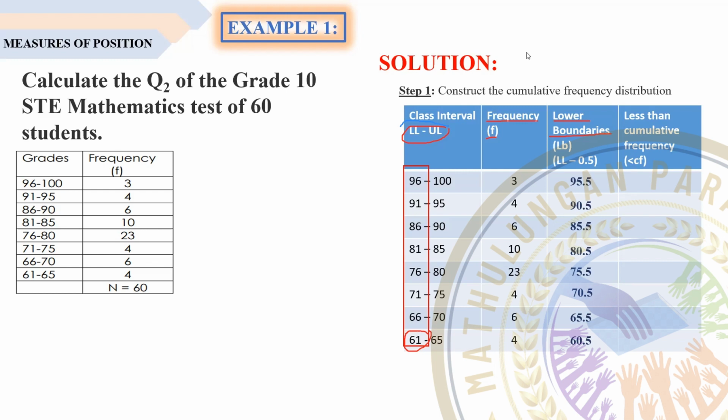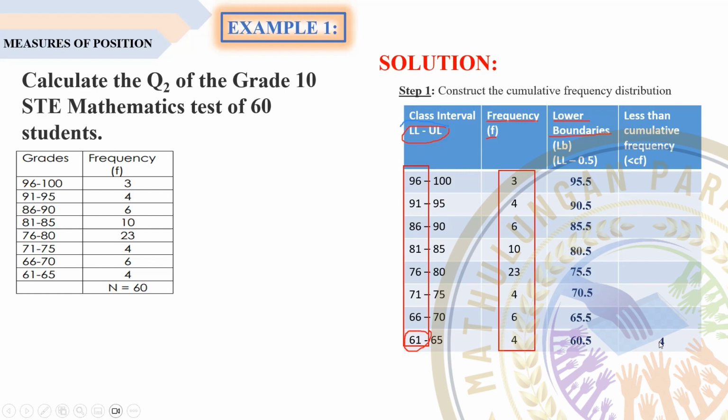Next to it is the less than cumulative frequency. So let us complete that. The less than cumulative frequency is based on the frequency of our table. Since we always start from the bottom, whatever the number is at the lowest part, that is where we start. And how do we continue from that 4? We just add the frequency that we see here, the next number in sequence.